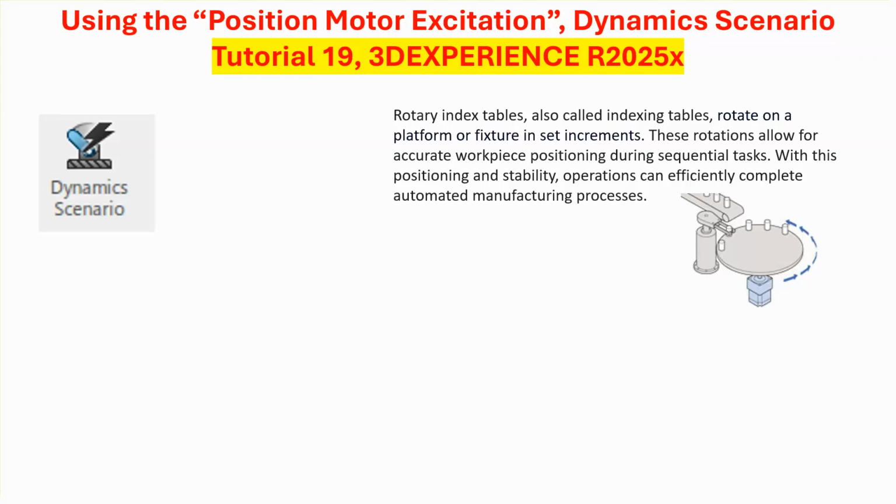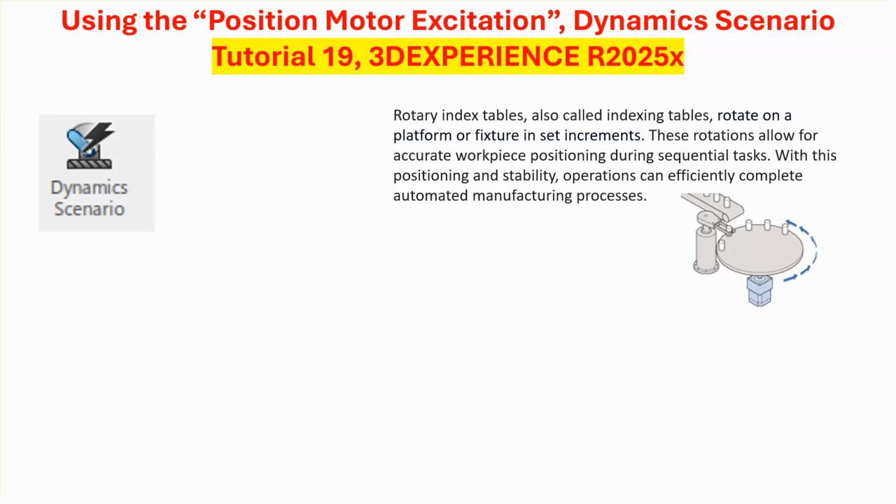In the previous tutorial number 18, I introduced velocity motor excitation, which really refers to the case where it's a continuous motion of the motor. In the case of position motor excitation, the motion of the motor is not continuous.